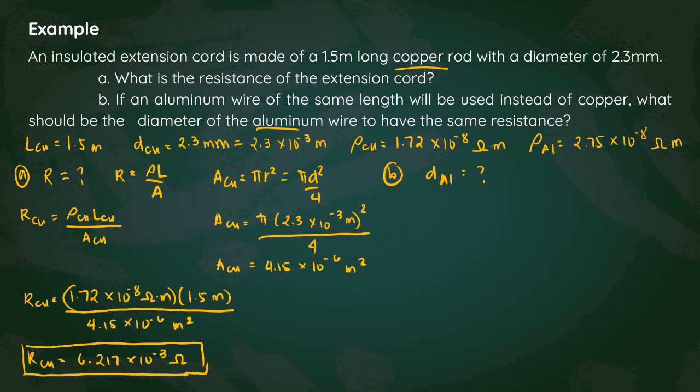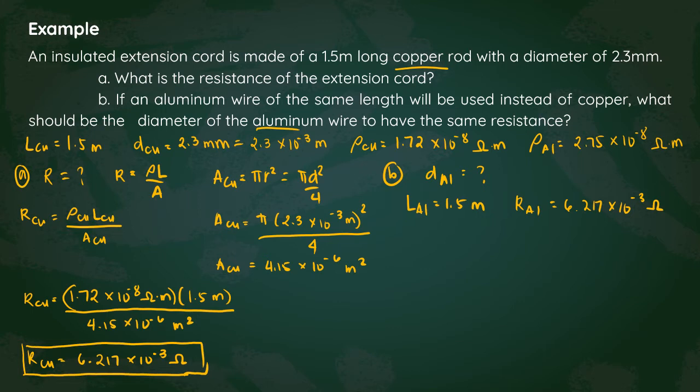To solve for the diameter of the aluminum wire, we still have the length, which is 1.5, because as stated, only the diameter is to be changed. You will have the same length, and of course, the same resistance. Therefore, the resistance of copper will also be the resistance of aluminum, which is 6.217 times 10 raised to negative 3 ohms.